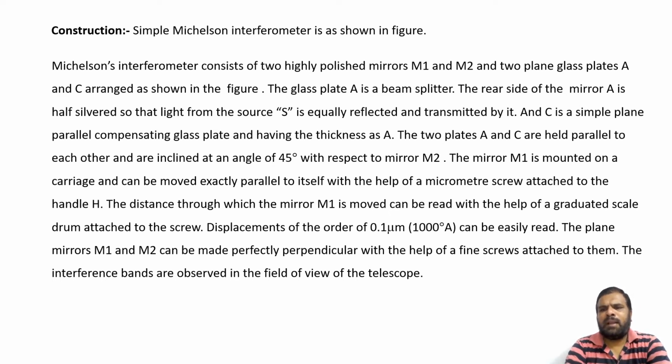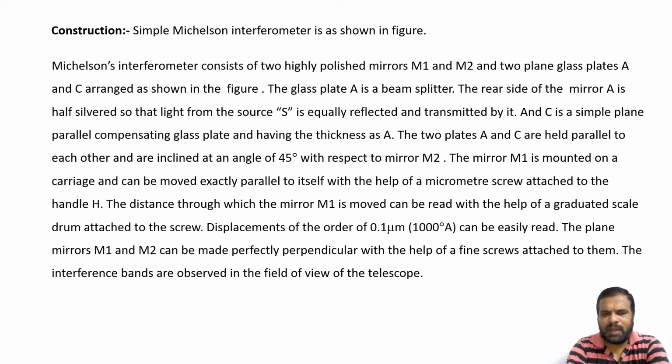The two plates A and C are held parallel to each other and are inclined at an angle of 45 degrees with respect to mirror M2. The mirror M1 is mounted on a carriage and can be moved exactly parallel to itself with the help of a micrometer screw attached to the handle H. The distance through which the mirror M1 is moved can be read with the help of a graduated scale drum attached to the screw.